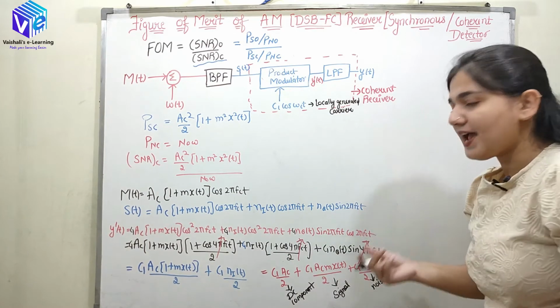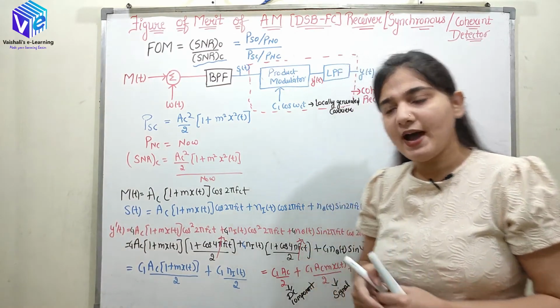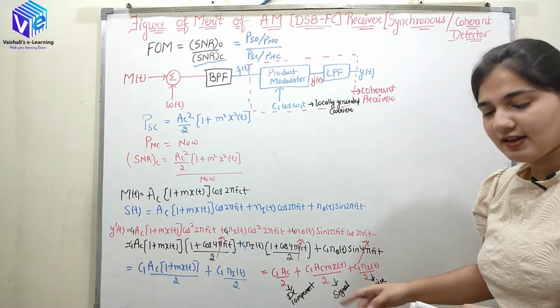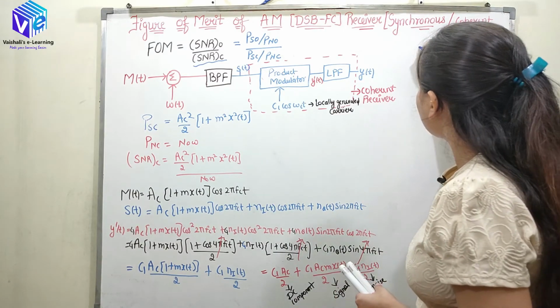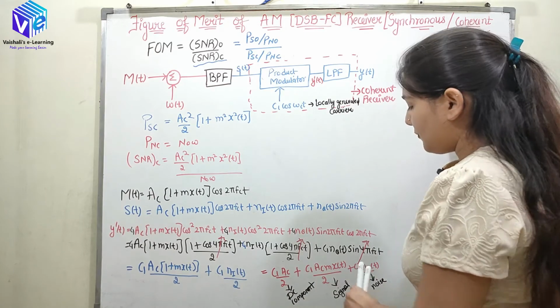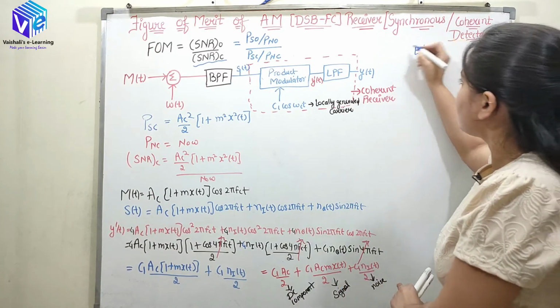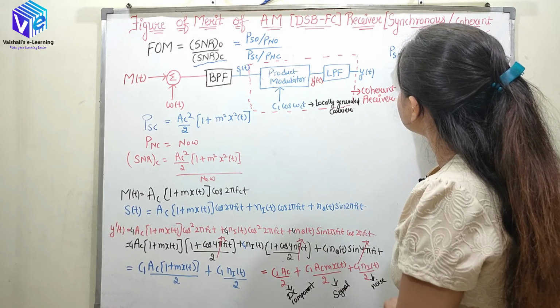Now I need to find the noise power as well as the signal power. We can find the noise power and signal power using the formula E of signal square or noise square.